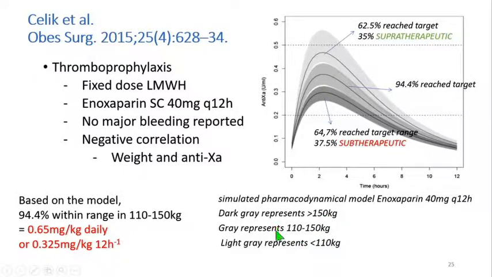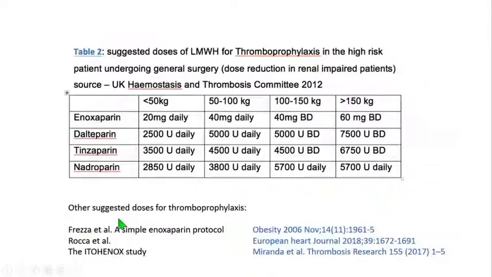And you will notice that specifically in the group between 110 and 150 kilograms, the best dosage was about 0.65 milligrams per kilogram. Using this dosage, more than 90% of patients were within limits.